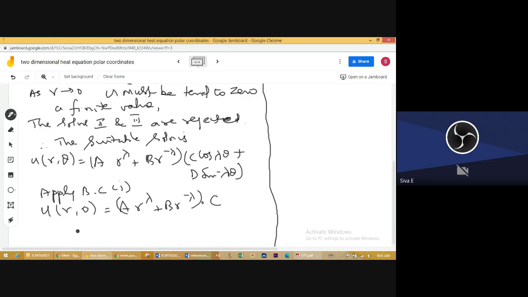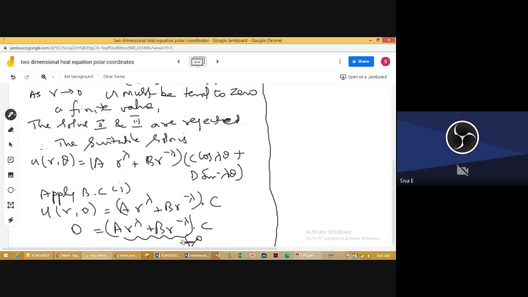The left hand side is 0. On the right hand side, A r power lambda plus B r power minus lambda is of course not equal to 0, so the only possibility is C equal to 0.